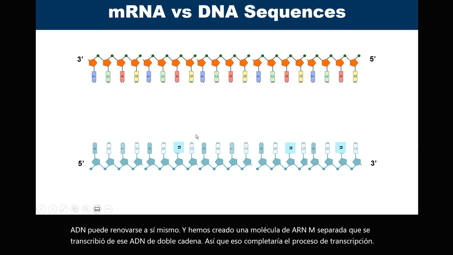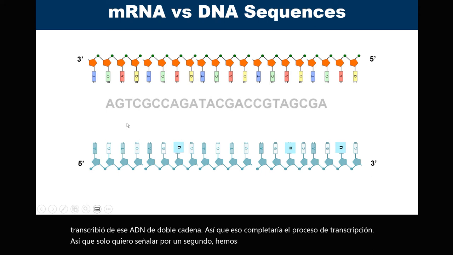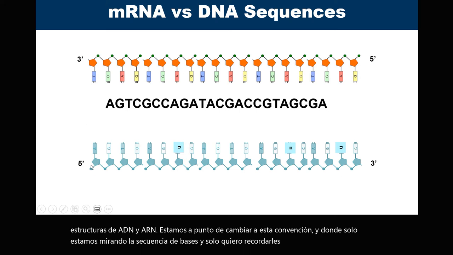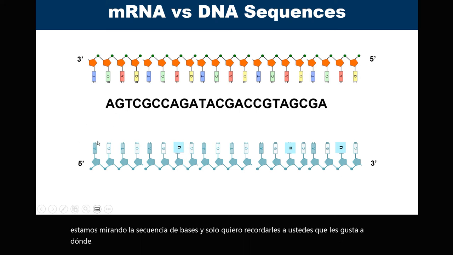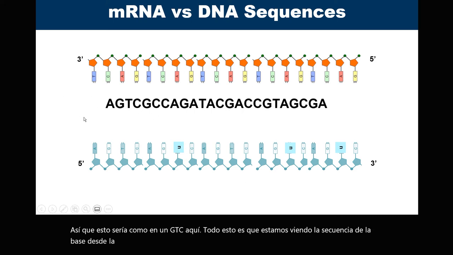So I just want to point out for a second, we've been talking a lot about the structures of DNA and RNA. We're about to switch to this convention where we're only looking at the base sequence, and I just want to remind you guys where this is coming from. So this would be like an AGTC here. All of this is we're looking at the sequence of the bases from the sense strand, unless it's otherwise marked.